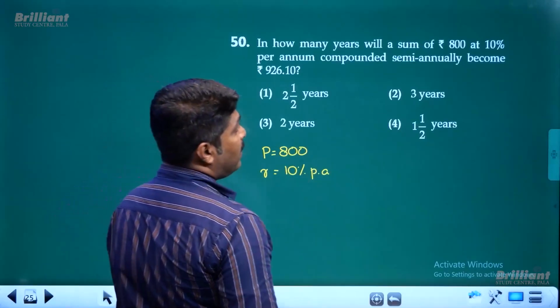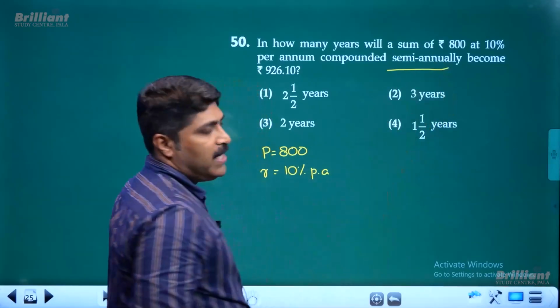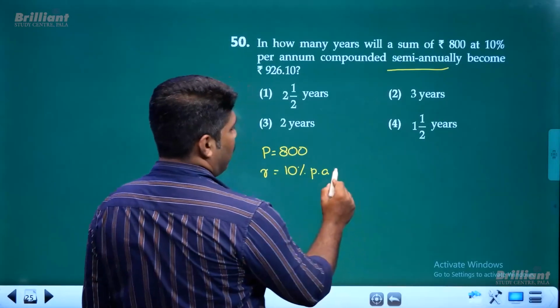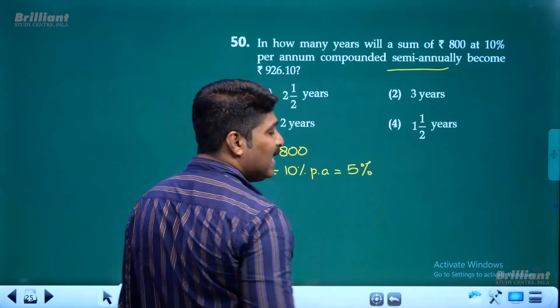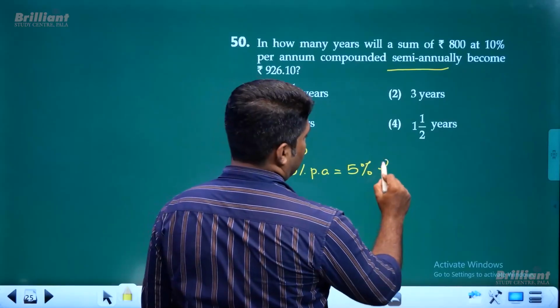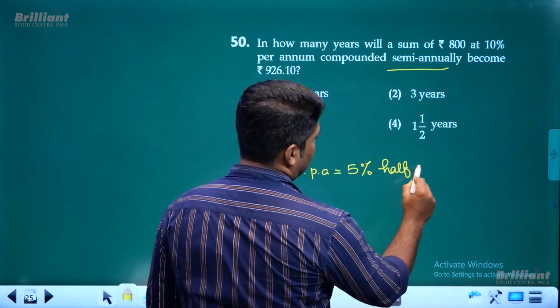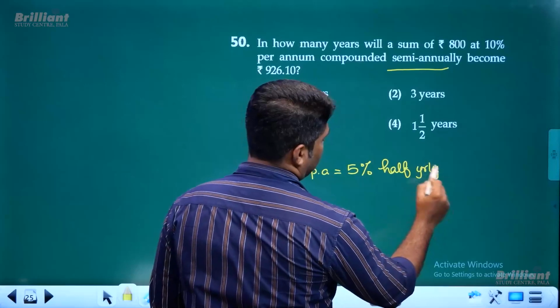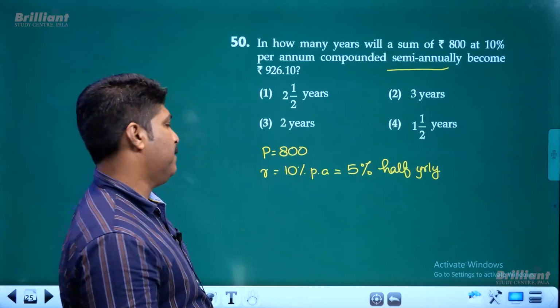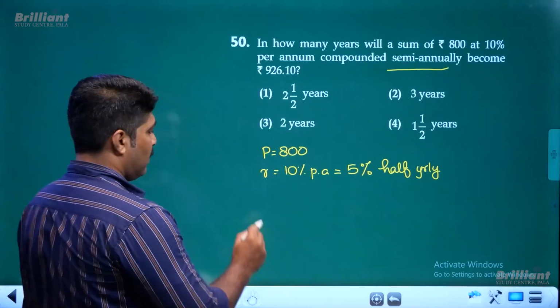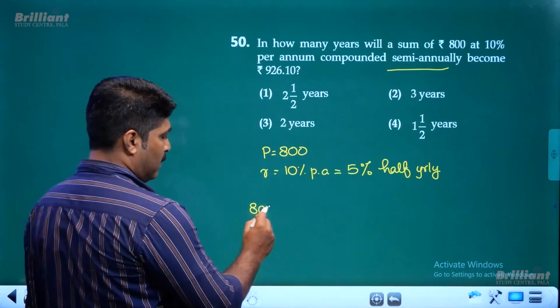But if you are converting it into semi-annually, semi-annually is nothing but half-yearly. What do you want to do? You just split this 10% into 5% each half-yearly. Got it? Then, what is the method we are applying here? Simply we are considering this 800.